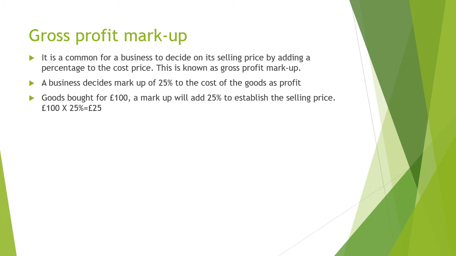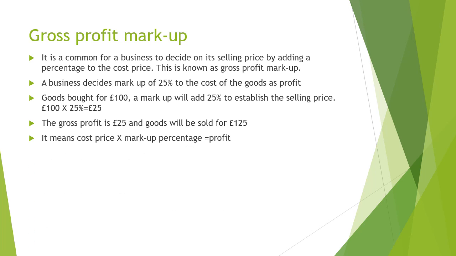So £100 multiplied by 25% is equal to £25. The gross profit is £25 and the goods will be sold for £125. It means cost price multiplied by markup percentage is equal to profit. Cost price plus profit is equal to selling price.